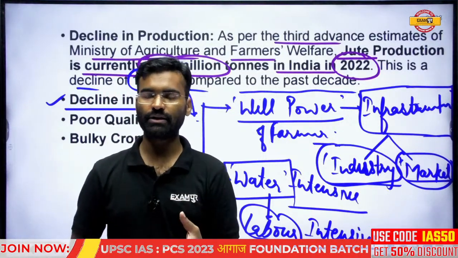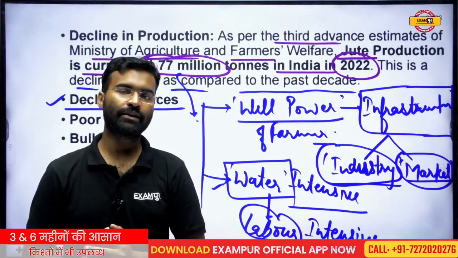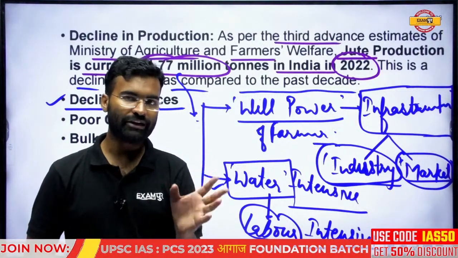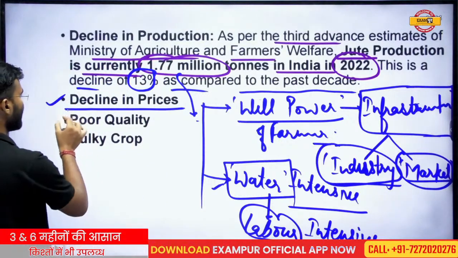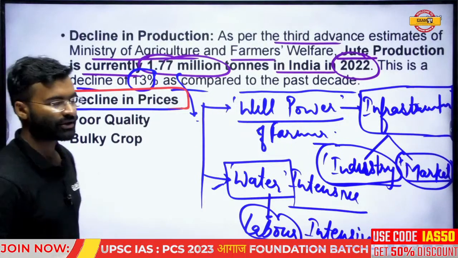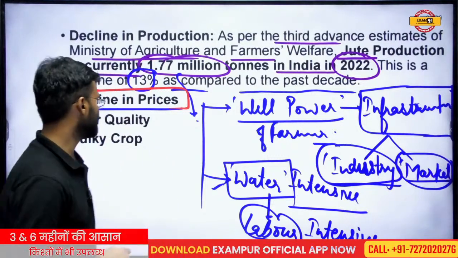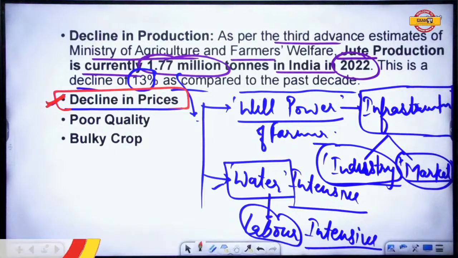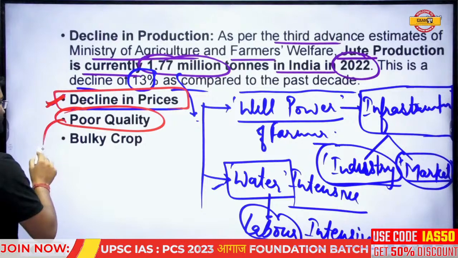If you are producing any product, you always want your product to go into the market and attract the maximum price, so that you get the maximum benefit. So if the price is low, then the production will also decline. Another factor is the quality of the raw material.